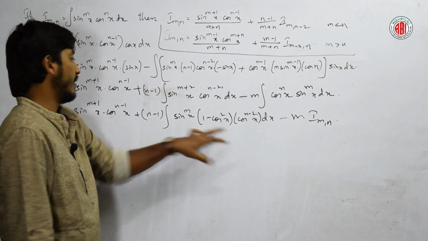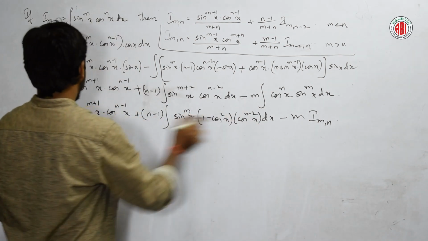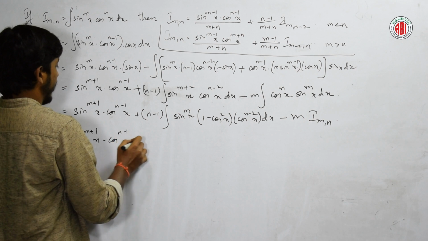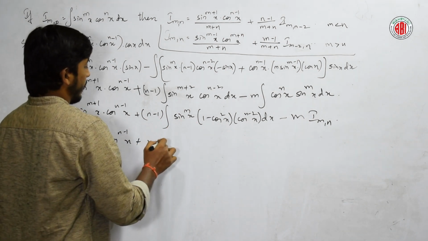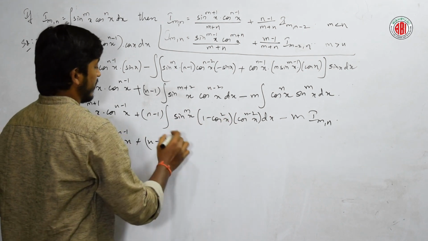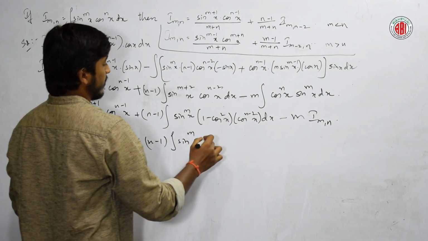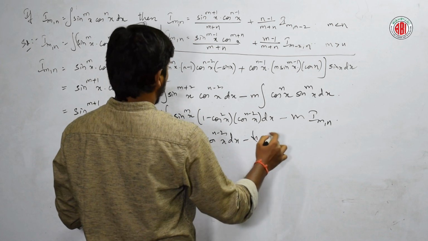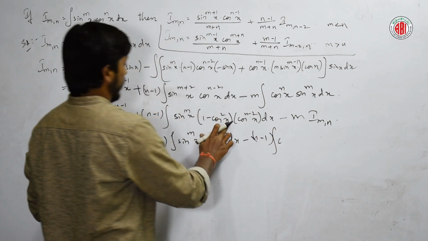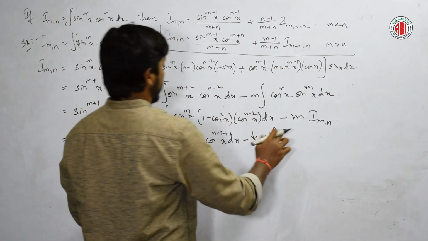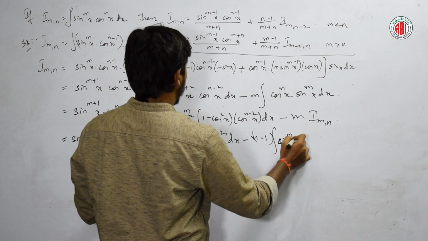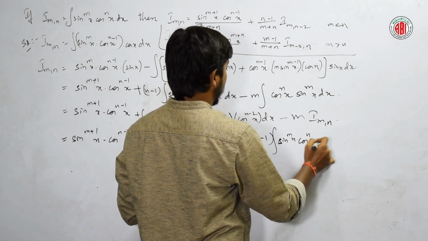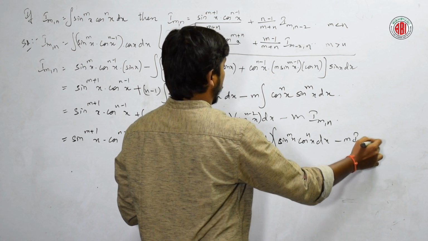Now the next term is this particular thing. So let us take sin^(m+1) x cos^(n-1) x plus, let us multiply now, n minus 1 into sin^m into 1 into this, that is integral sin^m x cos^(n-2) x dx, minus n minus 1 into integral sin^m into cos square into this, that will be sin^m x into cos square into cos^(n-2), that is nothing but cos^n x dx, minus m I_mn.